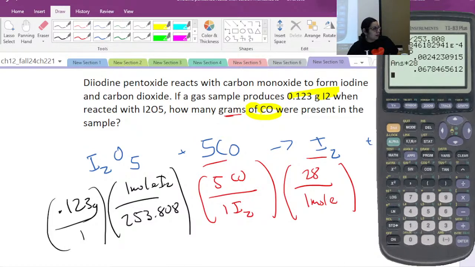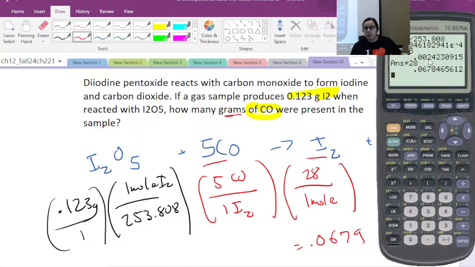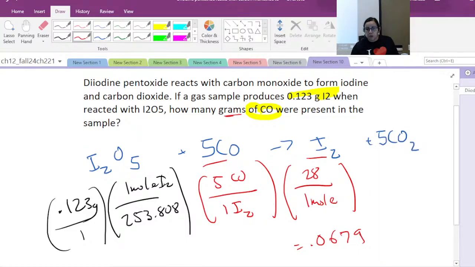And so we should get about 0.0678 there for that answer. That's the grams of CO that were present. So 0.0678. I think officially the online answer rounded to 9 for some reason. Again, slight discrepancy, but you should be able to figure out which one.